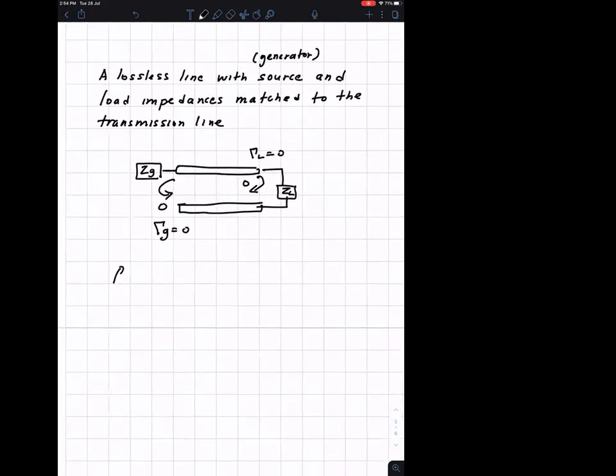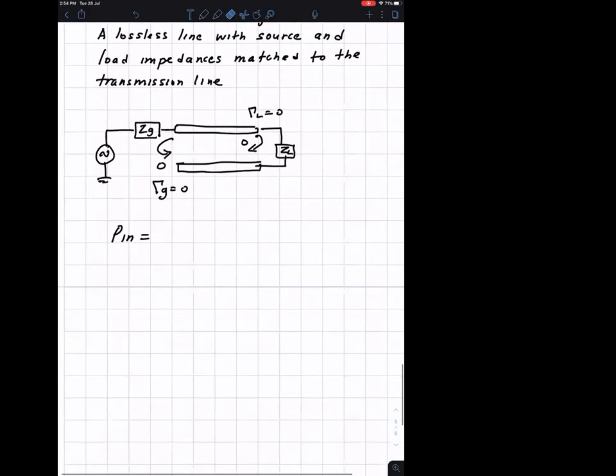Then the power in, P in, means the power that's available from the source. P in, the power available from the source, is 1/8 of VG magnitude squared over the characteristic impedance of the line.